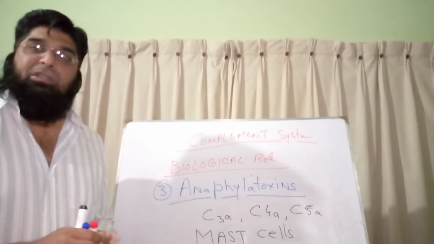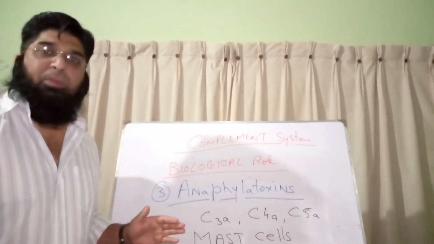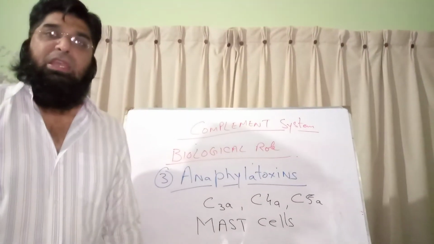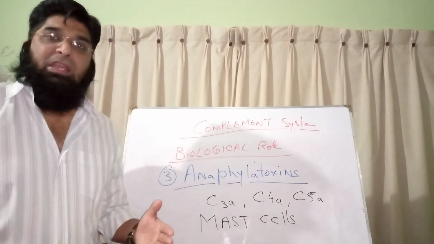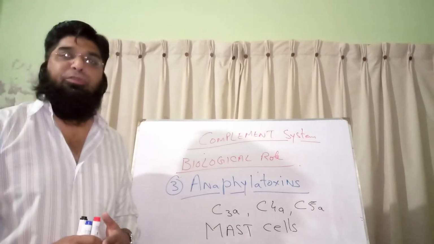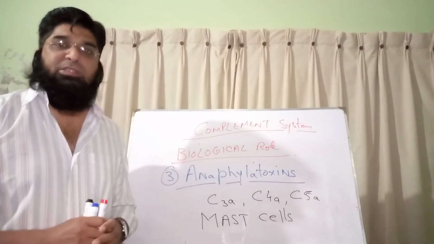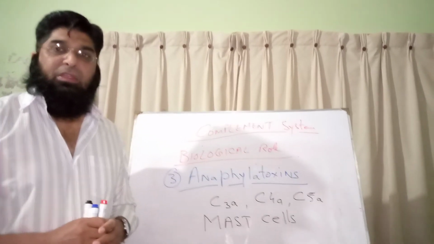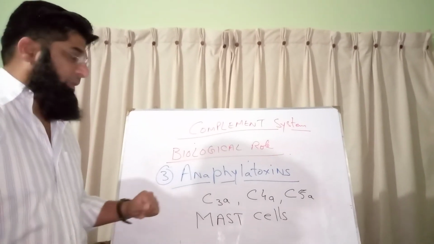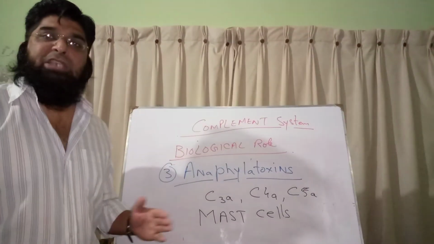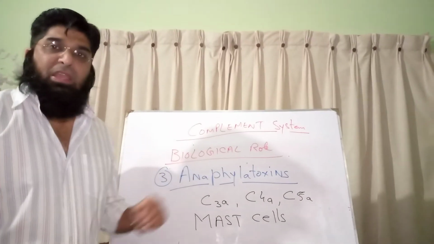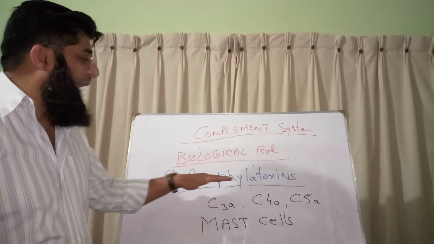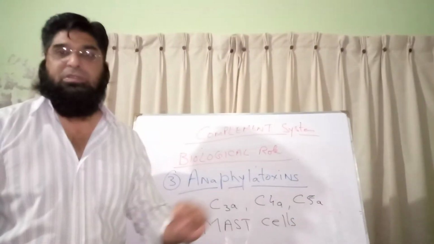As a result of this destabilization, the mast cells release certain types of chemical substances into the blood. These chemical substances released by mast cells are called anaphylotoxins.